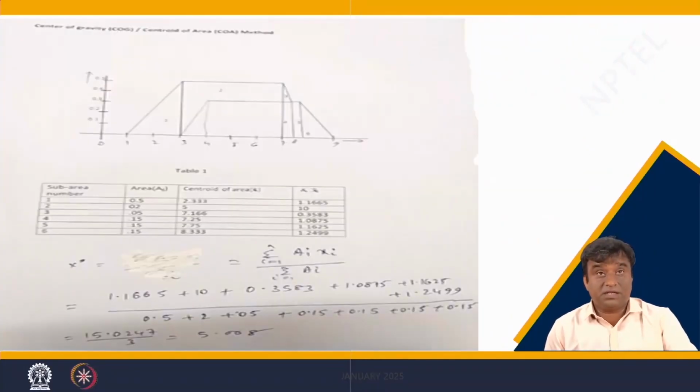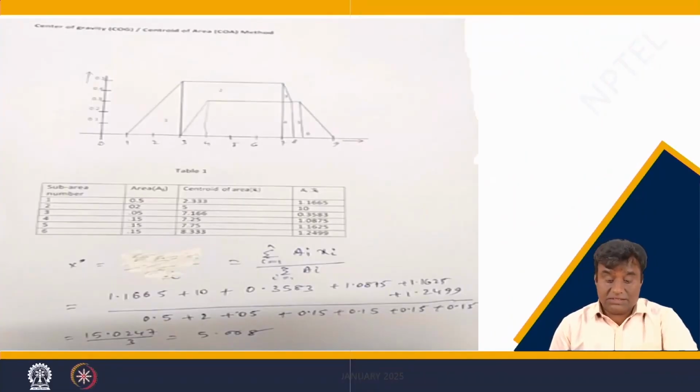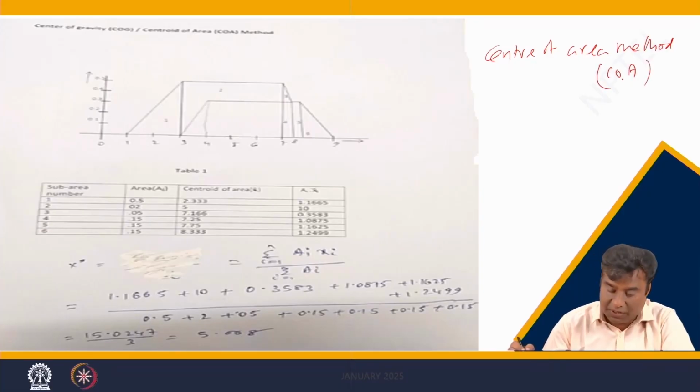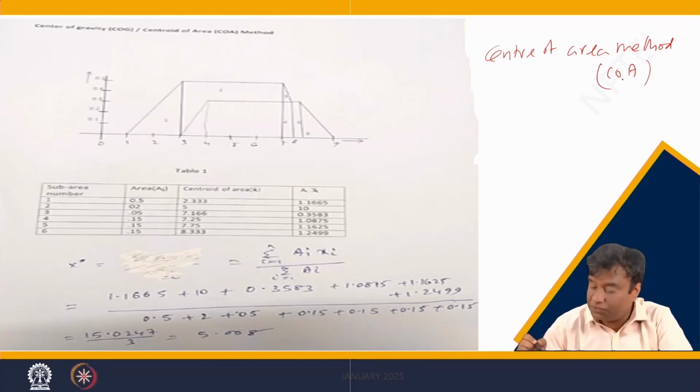Now try to understand the next example. This is the center of area method, COA. Here the thing is that overlap is not allowed.